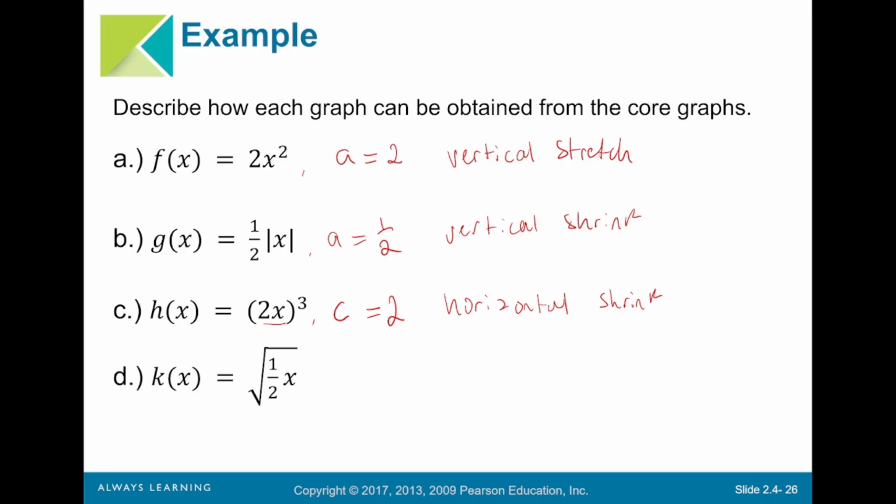So in this case, if my C value has gone up, the function has actually come together. It's the opposite of what we want it to be. Now lastly, I have a square root function, and my 1/2 is in the square root with the x. Therefore, I'm looking at a C value of 1/2, and it is a horizontal stretch.